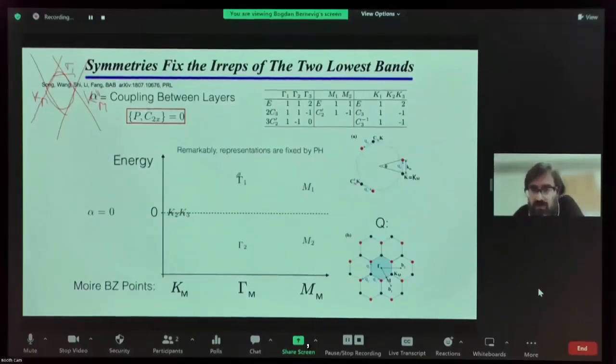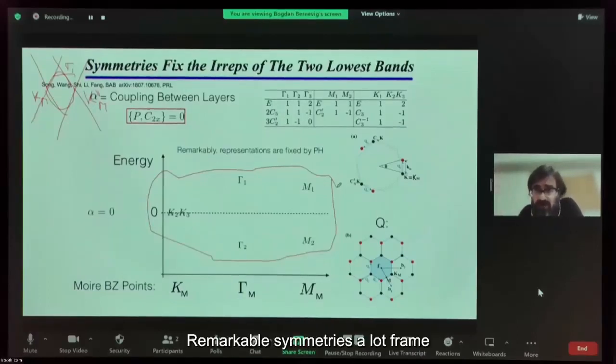But what's remarkable is that symmetries alone constrain the representations of the two bands around charge neutrality. I don't know if they're flat or not; the flatness depends on whether I'm at a magic angle. If I'm not at a magic angle, they're not flat, but the representations remain the same. So I wouldn't know if gamma 1 is above gamma 2 or gamma 2 is above gamma 1.